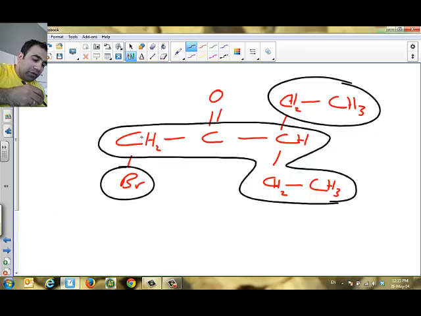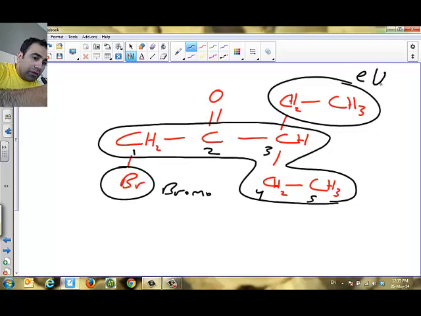We're going to start numbering from this side: 1, 2, 3, 4, 5. We have one group called bromo, one group called ethyl, and because the letter B comes before E, we start with the bromo.